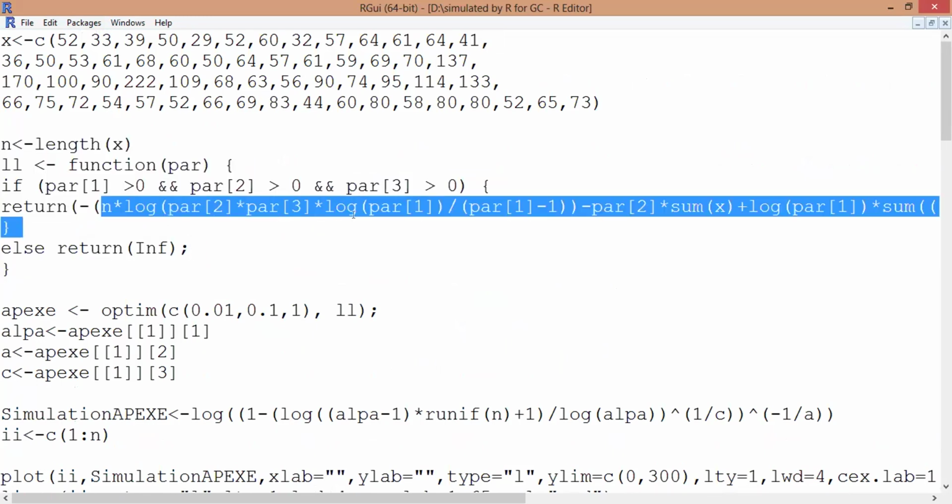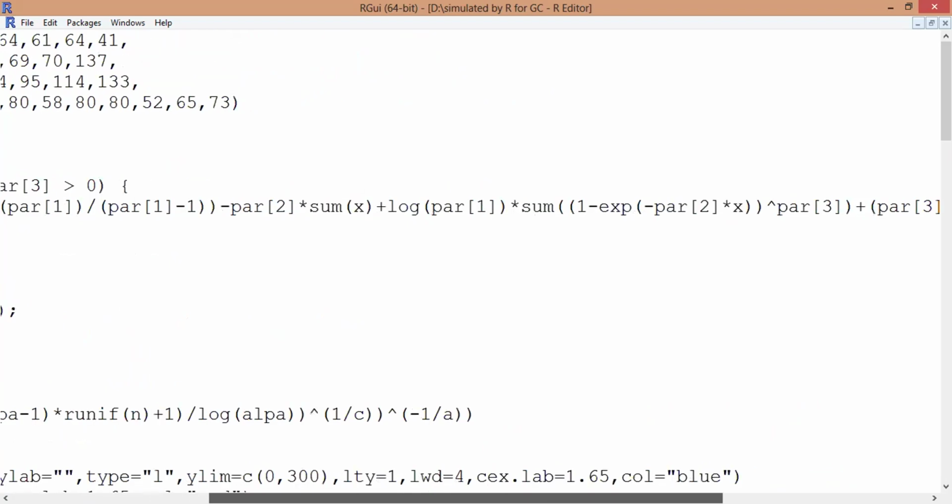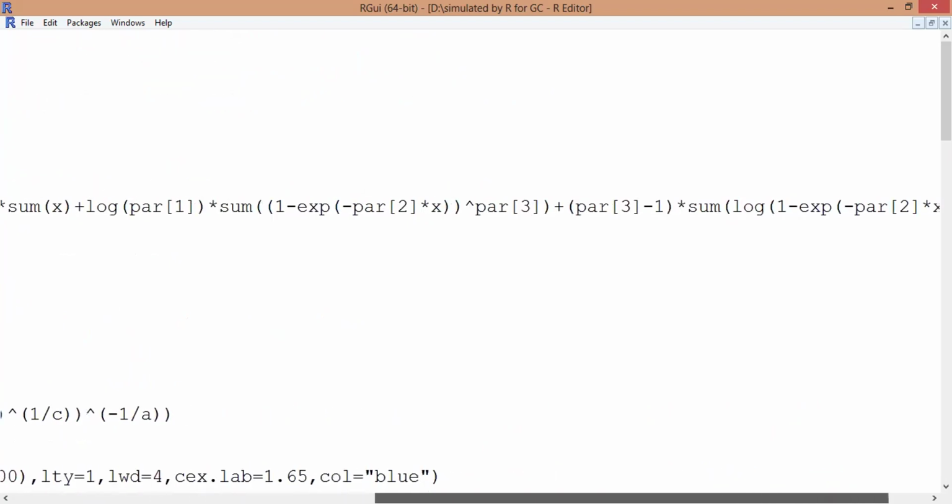This is the log likelihood that you can find in the research article, and then you transform the formula to R programming. Just transform from the formula in the research article to the code in R software. You can check the long formula. This is for the log likelihood.